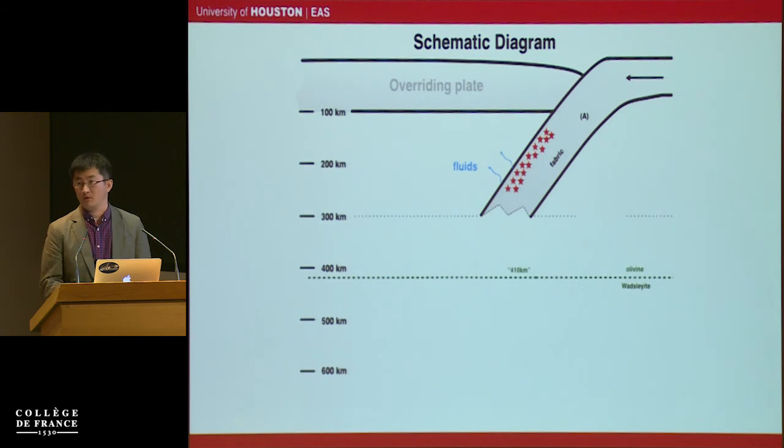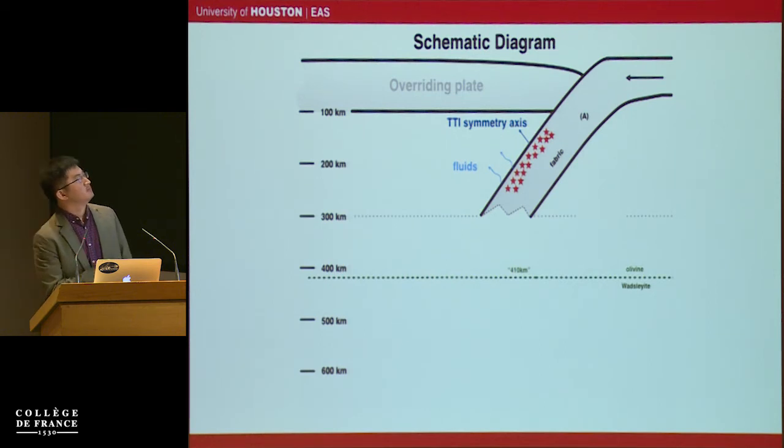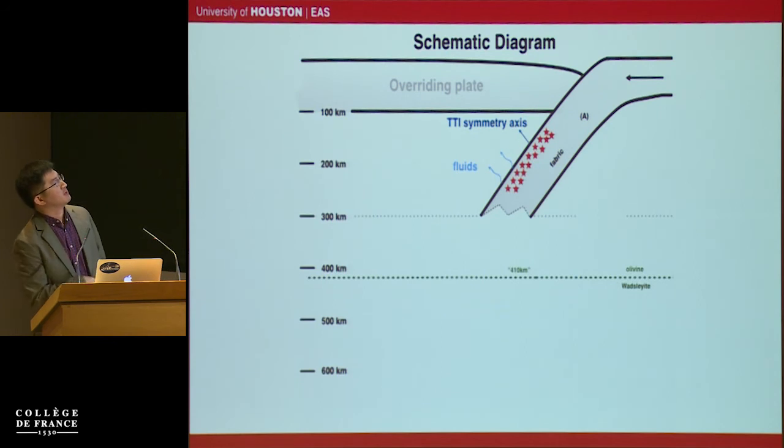Maybe there are a couple which can rupture multiple faults, but it has a significance in statistics. So for the intermediate groups, we have 16 of them, and all of the symmetry axes are perpendicular to the slab.